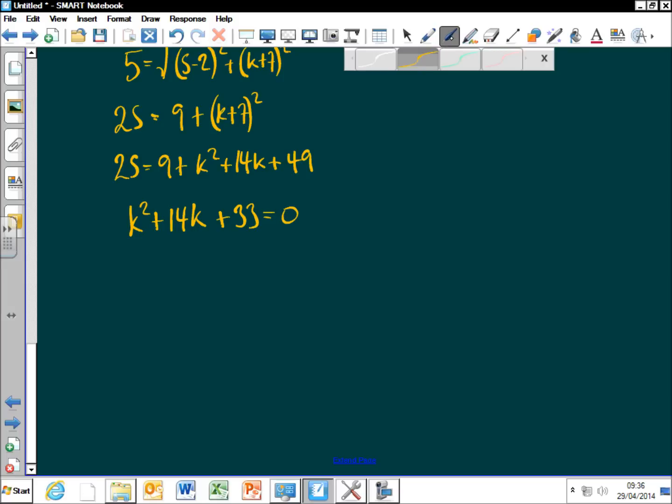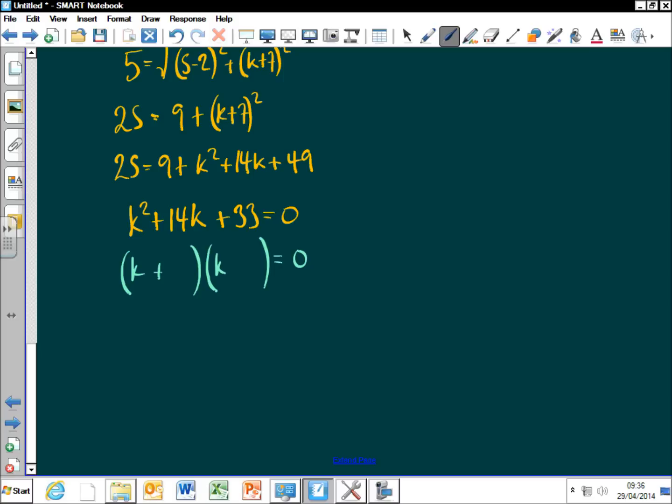It does factorise if you look at it for a little bit. I'm trying to look really at how we could break 33 up, and it's got to be a k there and a k there, and it's got to be plus, and it's got to be 3 and 11. Okay, 3 times 11 makes 33, 3 plus 11 makes 14.